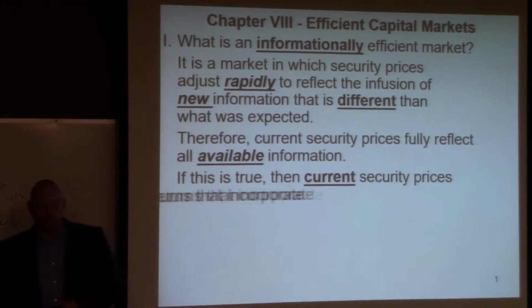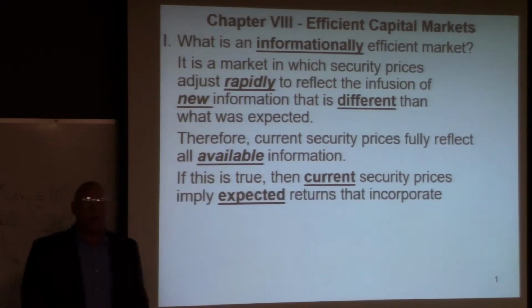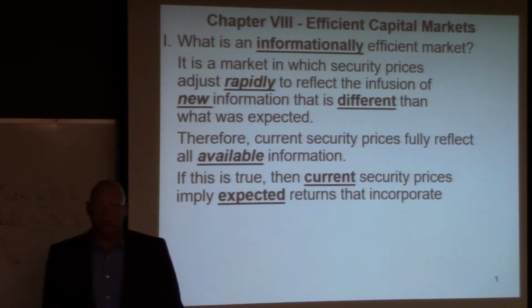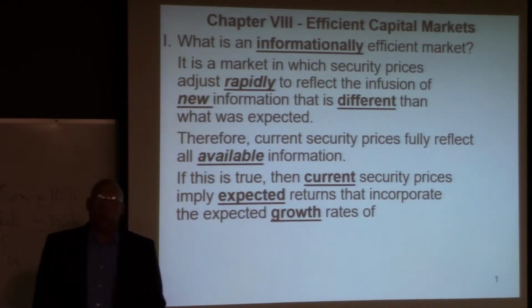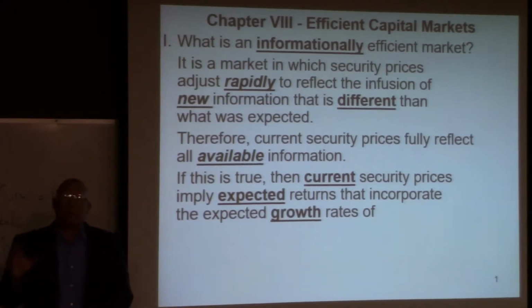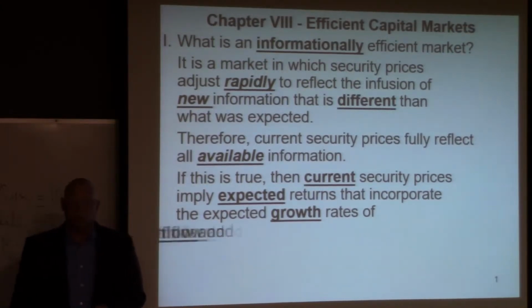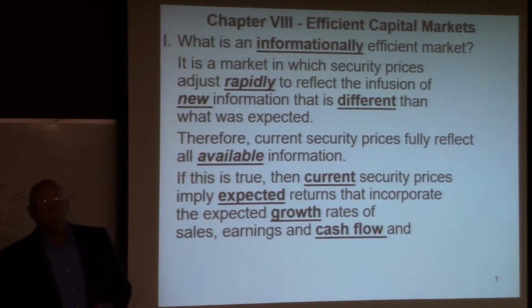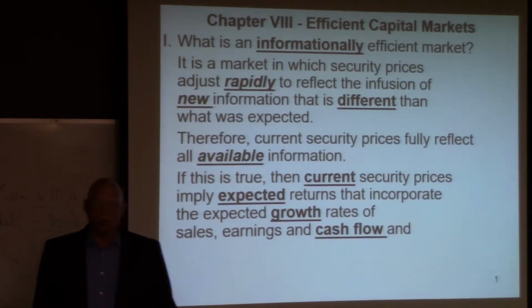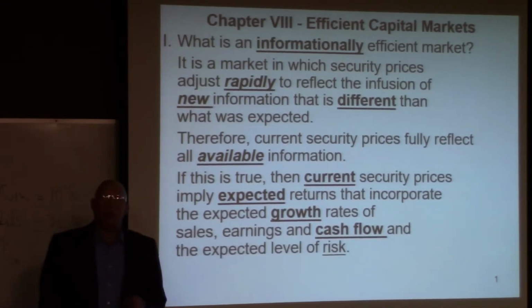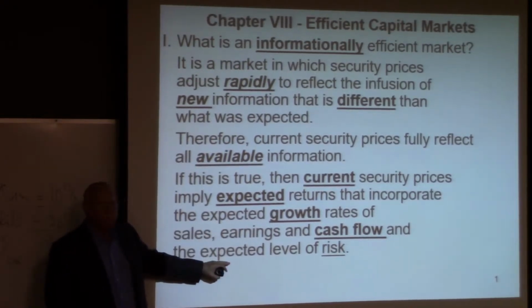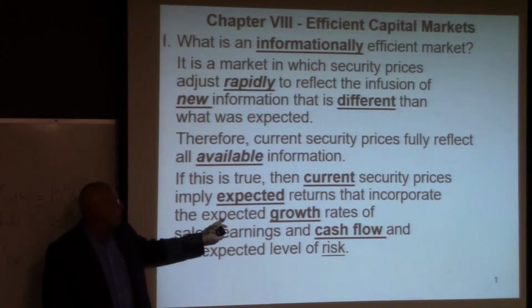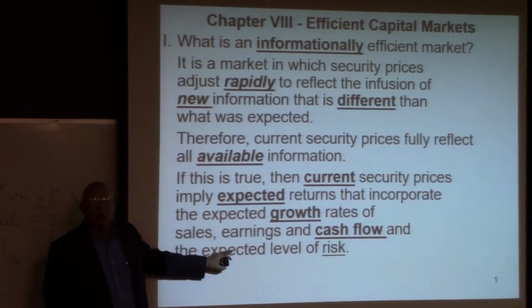If this is true, then current security prices imply the expected returns that incorporate the expected growth rates. So the expected growth rates of sales, earnings, and cash flow, and the expected level of risk are already reflected in the valuation or the multiples of current securities. Growth rates and risk are the major variables that drive valuations.